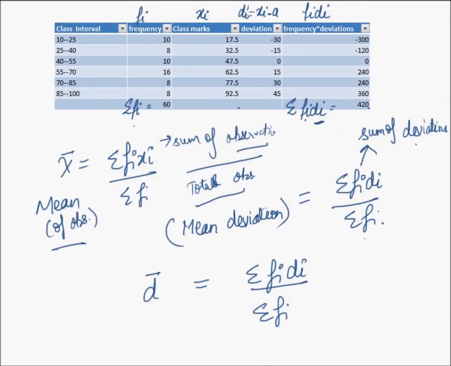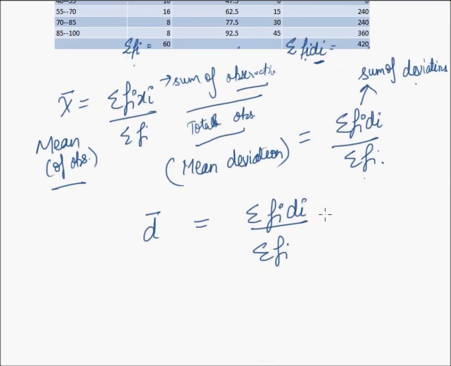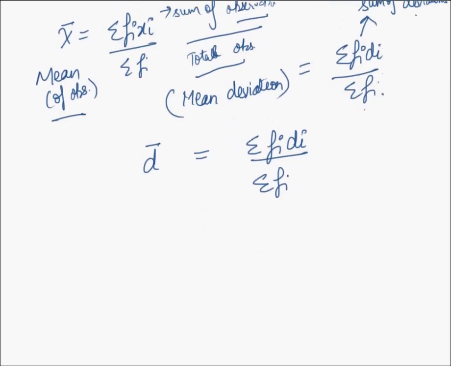Friends, what was di? di was xi minus a, that is, deviation was individual class marks minus assumed mean. So we can substitute here that d bar is summation fi (xi minus a) over summation fi.